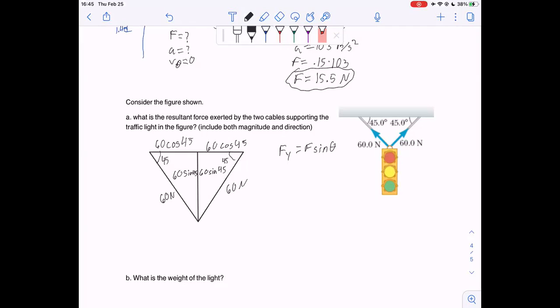So because there are 2 ropes, we'll also multiply it by 2. So 60 sine of 45 times 2 will give you the force exerted by the 2 cables. Which you had.